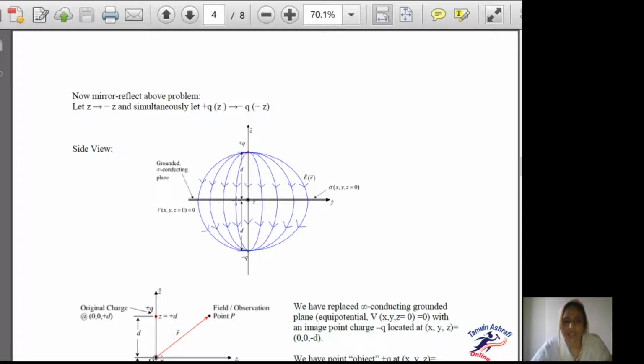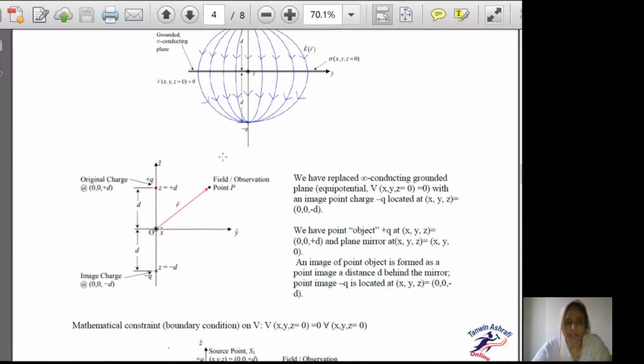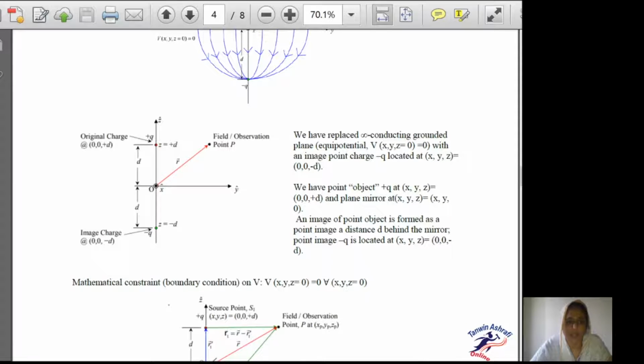It is at the same distance d as Q is at distance d from the xy plane. This is the xy plane right now. Now we will make a simpler diagram, and here it is: the original charge Q, positive charge, and the imaginary charge minus Q at minus d.